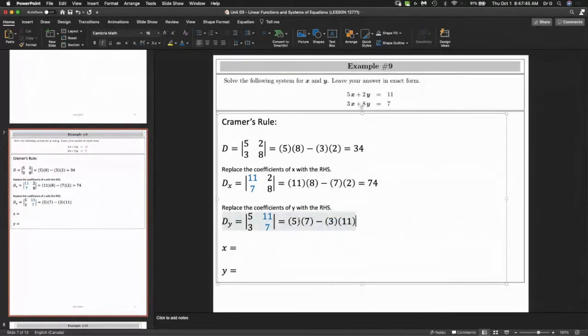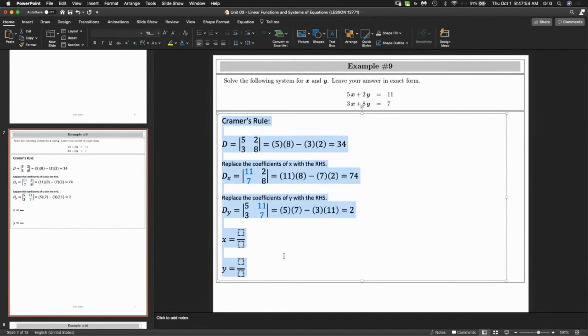But we're almost done the question. So the final step is this. X is equal to dx over d, and y is equal to dy over d.